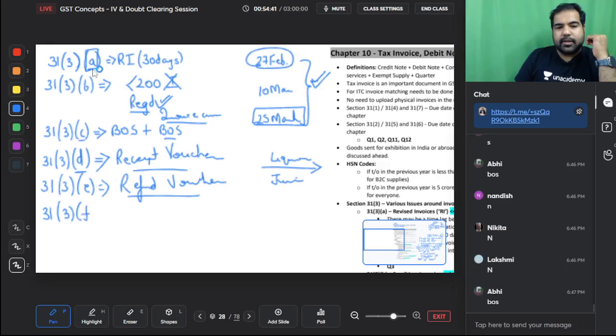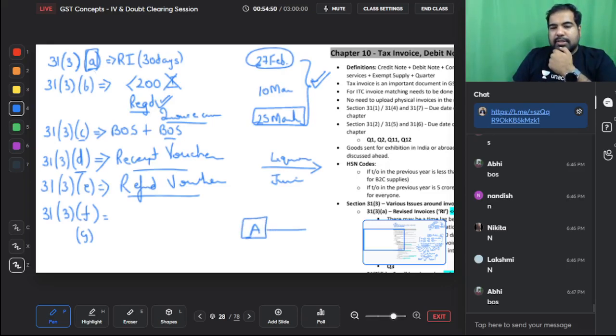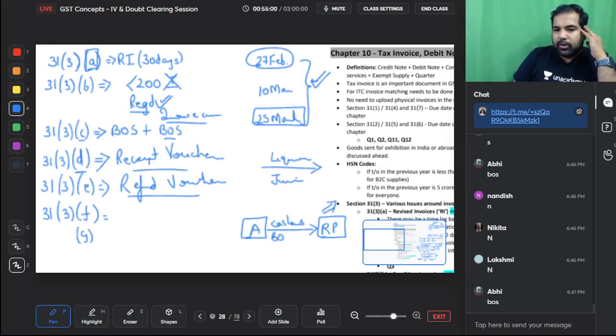Next is 31(3)(f) and G. Guys, in case of RCM, if you remember, when an agriculturist sells cashews to a registered person, it is under RCM. So the agriculturist will issue a bill of supply and not a tax invoice.